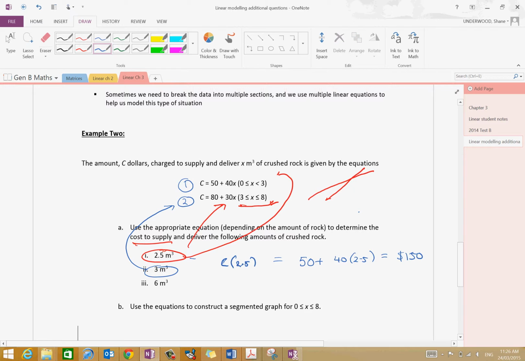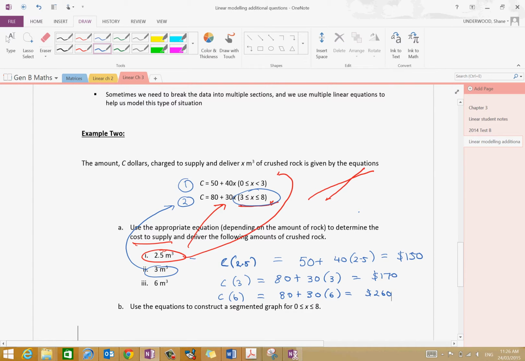So the cost at 3 is equal to 80 plus 30 times 3. 30 times 3 is 90, so that's $170. And the cost of 6 metres of rock is equal to, we're using this equation again, 80 plus 30 times 6, which is $260. I hope most of you got that one right as well.